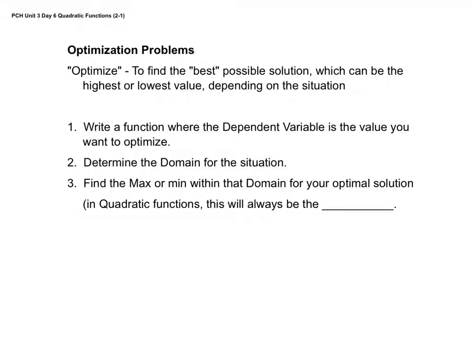For example, if we're talking about how high a ball is off the ground, we're not going to be having negatives, okay? So there's a case where we have to consider the domain. So finally, we're going to look for the max or min point inside that domain to find our optimal solution.